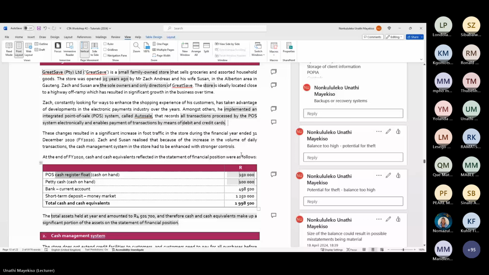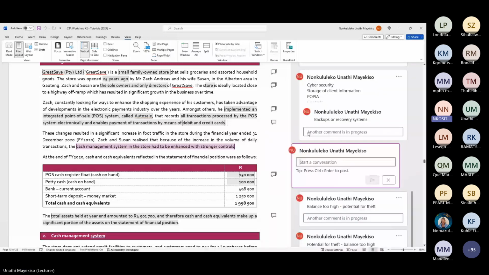Hi, Unati. Hi. In the third paragraph, the last sentence says that the cash management system in the store had to be enhanced with stronger controls. I think I see that as a mitigating factor in one of the risks that we identified, which is the potential for theft.